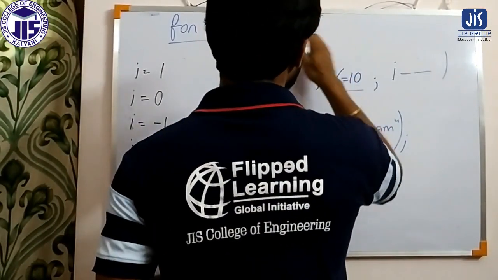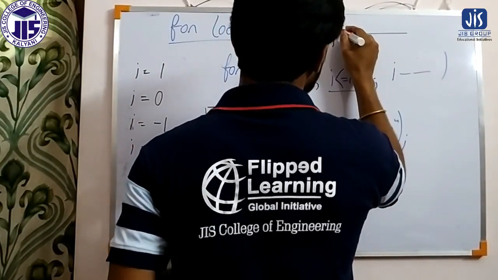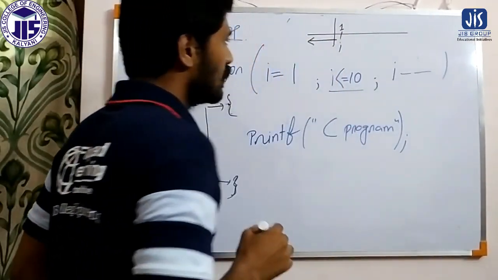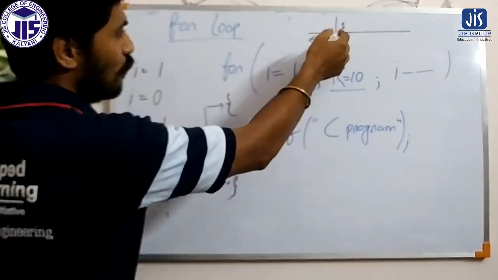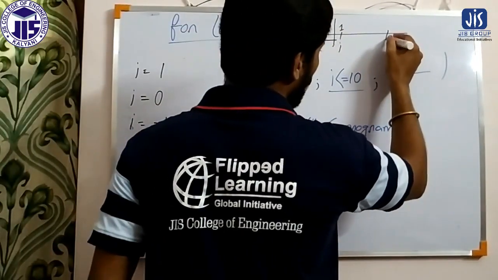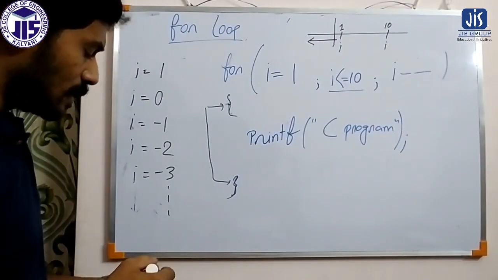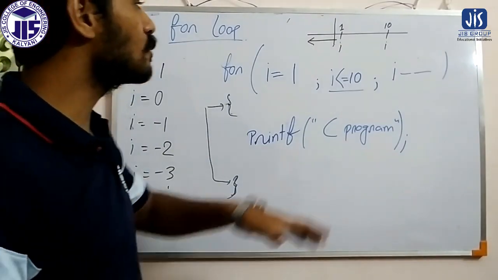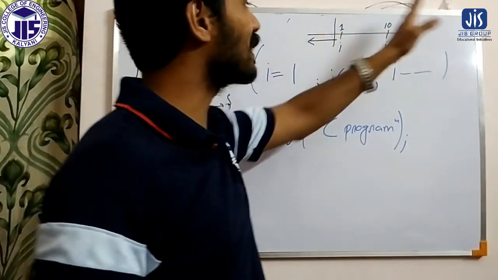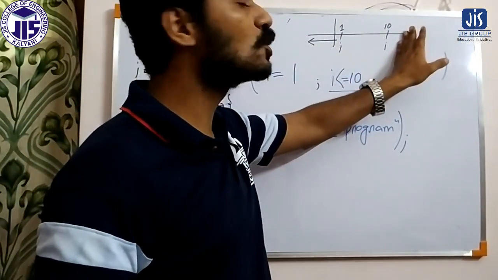The value of I is 1, and it is moving towards 0, minus 1, minus 2, that is, toward the negative. It is moving in the opposite direction of the maximum value of I that we have considered. So the value of I will never reach 10.